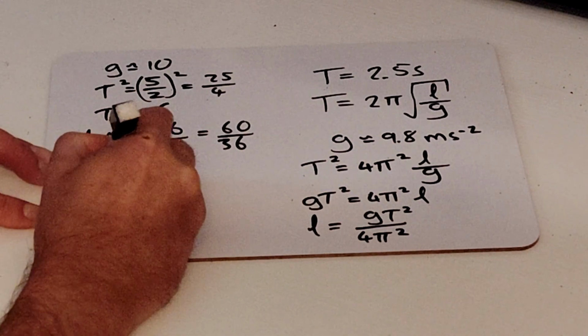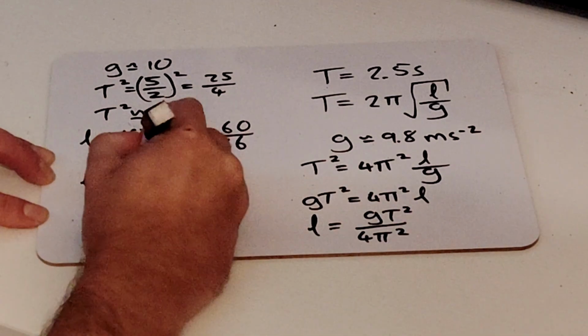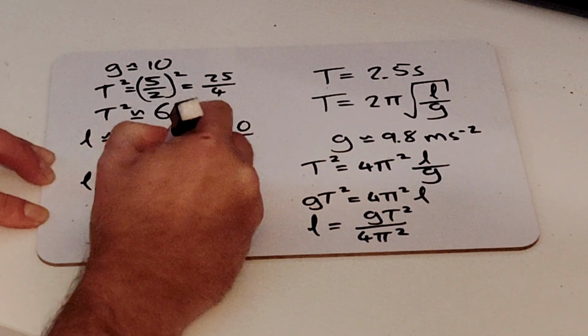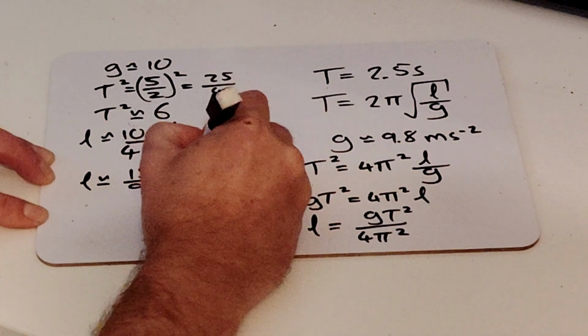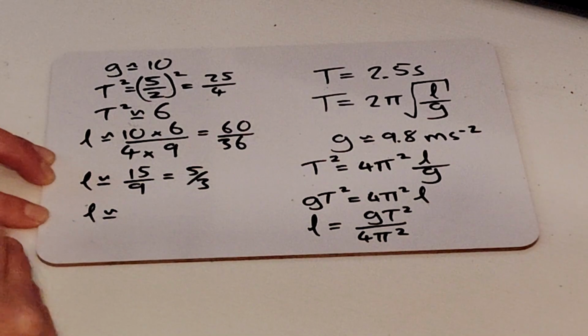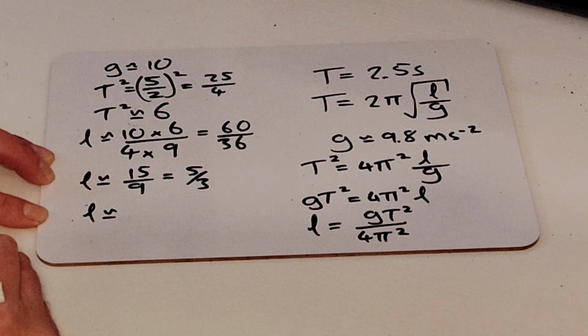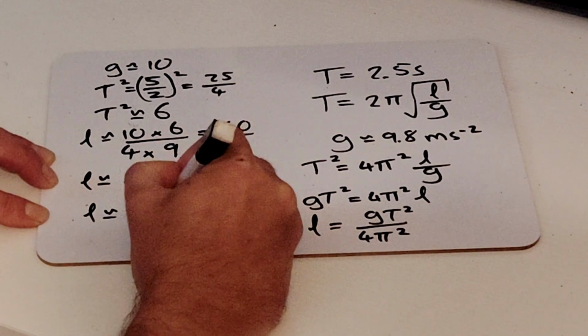Okay, I'm going to simplify that, and I'm going to get 30 over 18, 15 over 9. Oh, I can go even further. Divide by 3, so I get 5/3. Okay, so L is approximately equal to, so what's that? 1 2/3, so it's about 1.6 recurring meters.